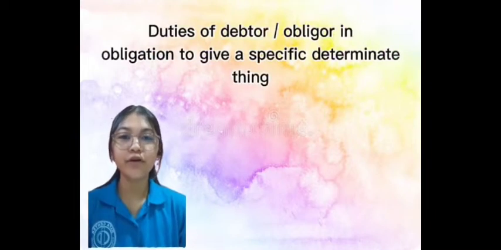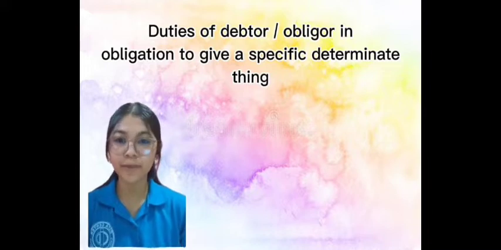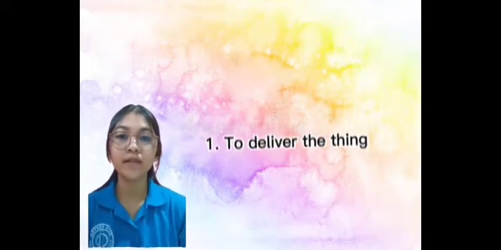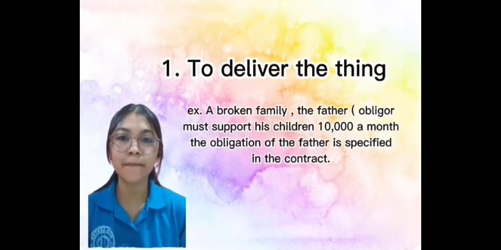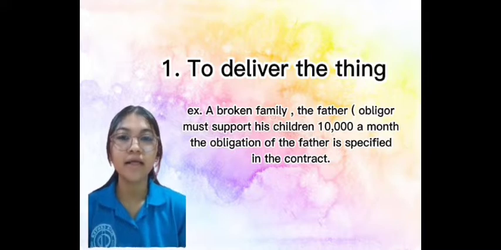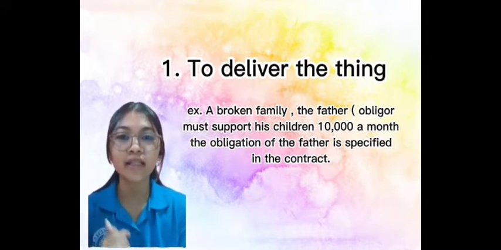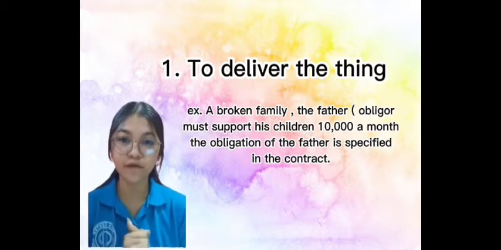Duties of the debtor or obligor in the obligation to give a specific or determinate thing. Number 1, to deliver the thing. Example 1: in a broken family, the contract they signed specifies that the father must support the child with 10,000 pesos every month.